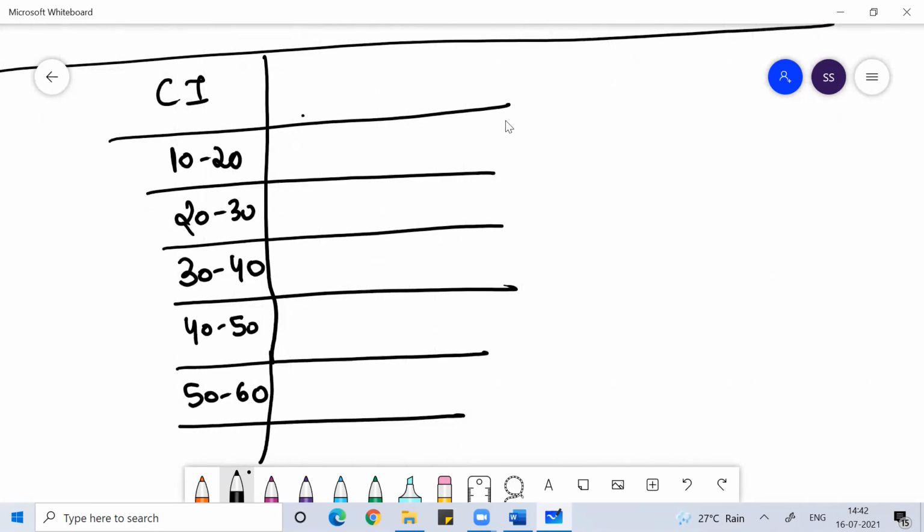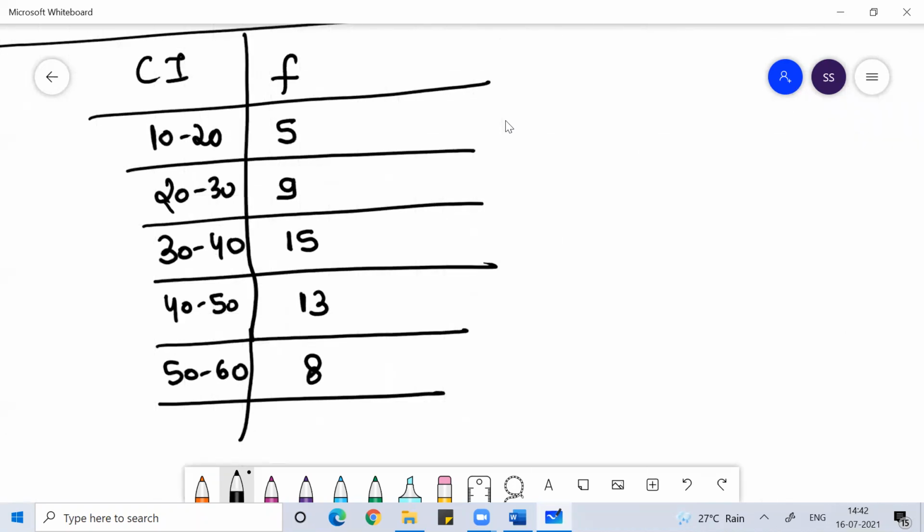The frequencies given to you are 5, 9, 15, 13, and 8. If you do the total sum of frequency: 15 plus 5 is 20, 20 plus 13 is 33, 33 plus 8 is 41, 41 plus 9 is 50. So the total sum of frequency will be 50.